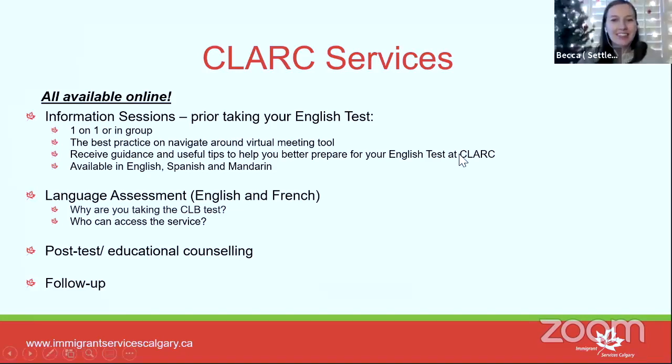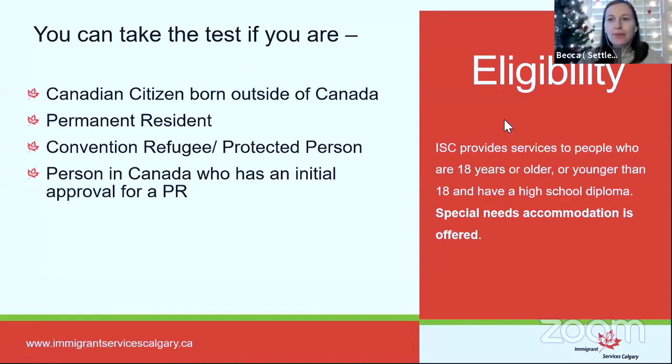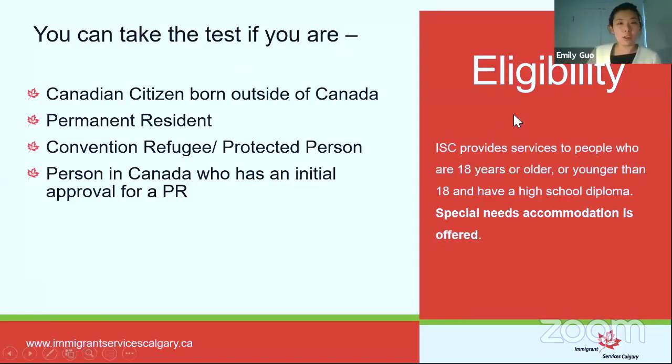Okay, let's go. So yeah, if you fall into any of these categories, if you are a permanent resident or a protected person, or your status actually will be approved as long as there's a UCI number on your landing paper, or you become a Canadian citizen, you will be eligible, which means you will get the services for free, from the test to the LINC studies.